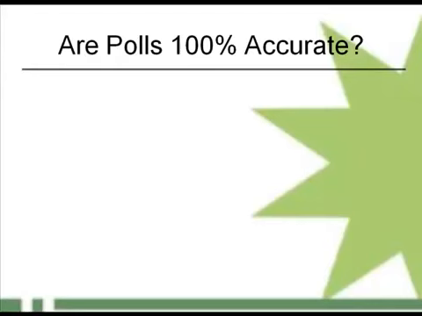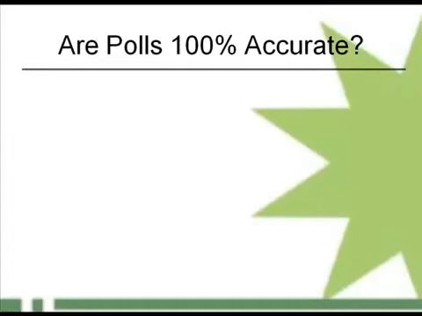No. Polls are never 100% accurate, which means it's impossible to conduct a poll that is going to be 100% accurate, because there are a series of errors that can take place when you conduct a poll.